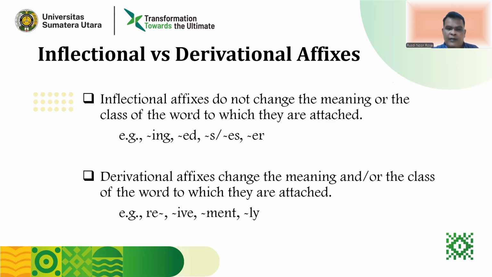When I add ive, it becomes active, which is no longer a verb but an adjective. And of course, the meaning of these two words is different. So derivational affixes change the meaning and or the class of the word to which they are attached.